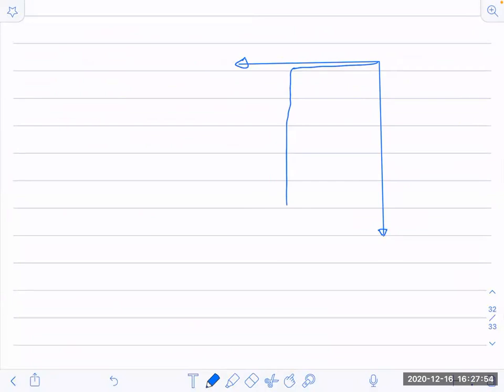So in this curve, what actually it is saying is that this is the breakdown voltage. Now at breakdown voltage, what is happening?